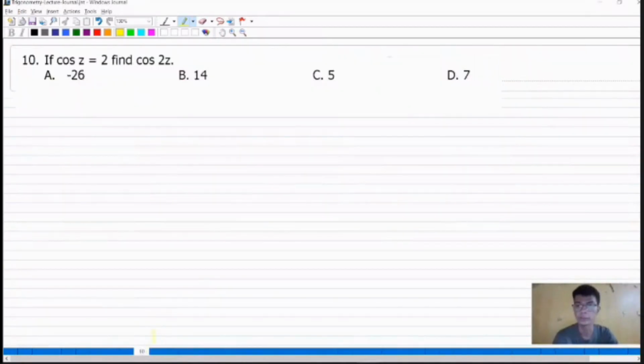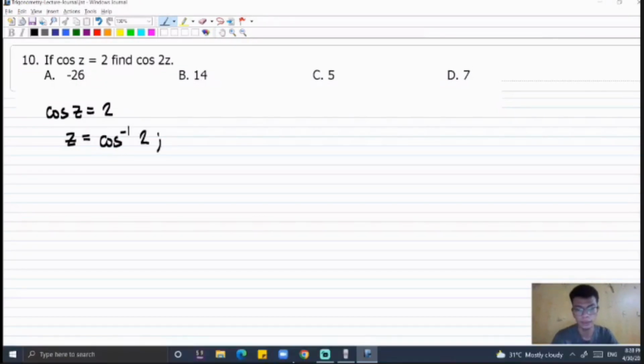Next, number 10. So if cosine z is equal to 2, find cosine 2z. Diba pag kinukuha natin yung value ng isang theta, ang ginagawa lang natin is ini-inverse natin sila. So yung z is equal to the arc cosine of 2.